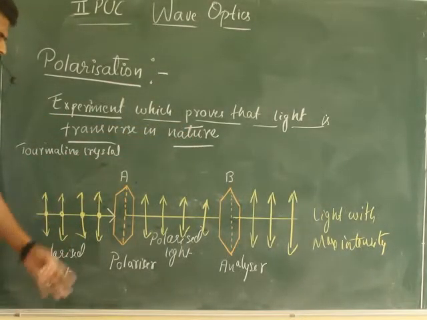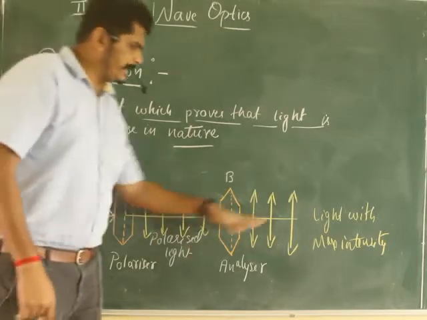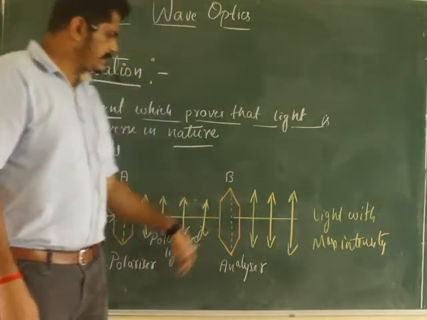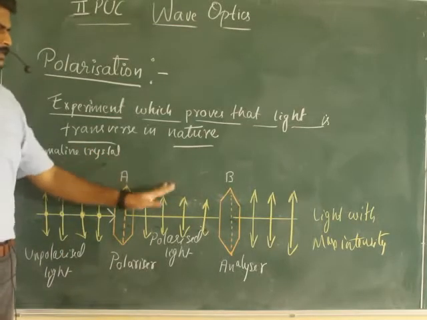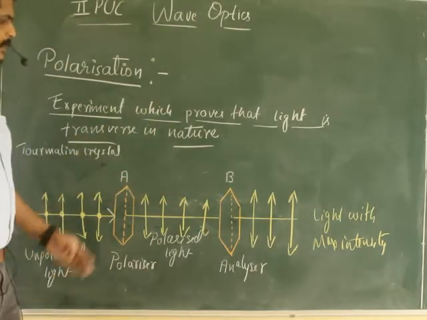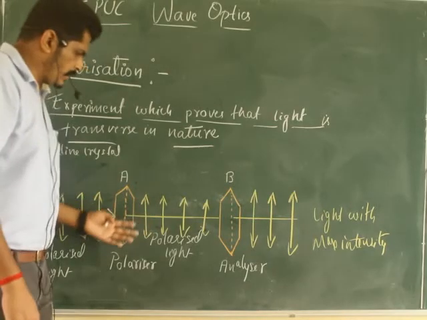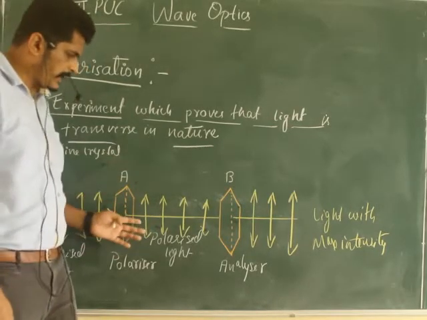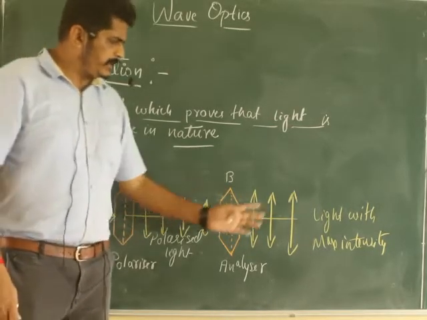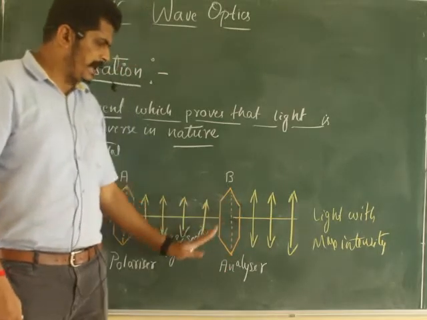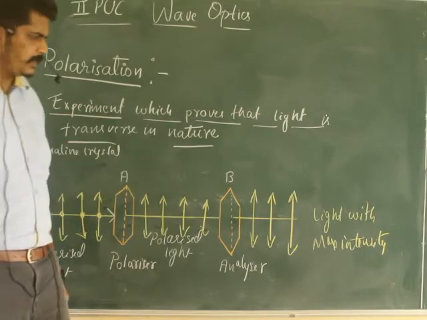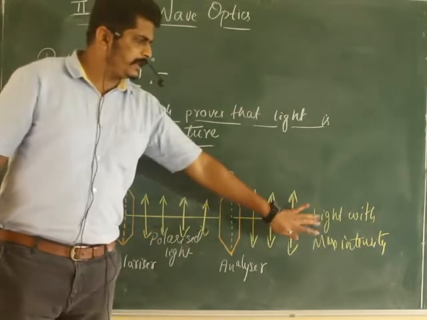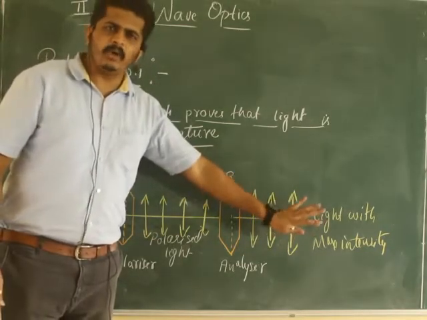Of course not. For the polarized light, this is maximum because the axis of polarization of A and B, that means polarizer and analyzer, is one and the same. That is why whatever polarized light is there after crystal A passes easily through B also, because B is kept in such a way that its axis of polarization is the same. So it passes. You will get intensity of light, a bright spot here.